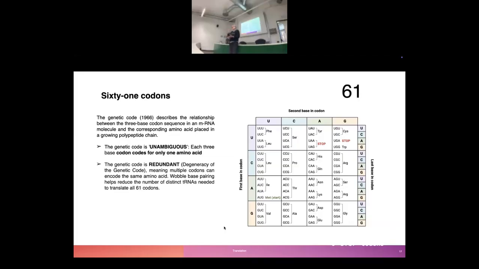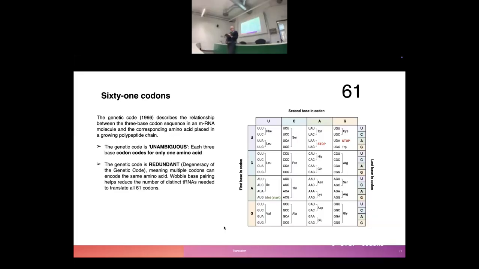Because looking at the sequence of a protein, for each amino acid, except for methionine, because methionine has only one codon, which is AUG. And methionine is the only one with only one codon.